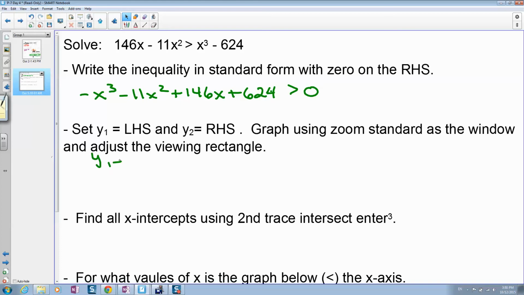So that means our y sub 1 is equal to negative x to the third minus 11x squared plus 146x plus 624, and our y sub 2 is 0.